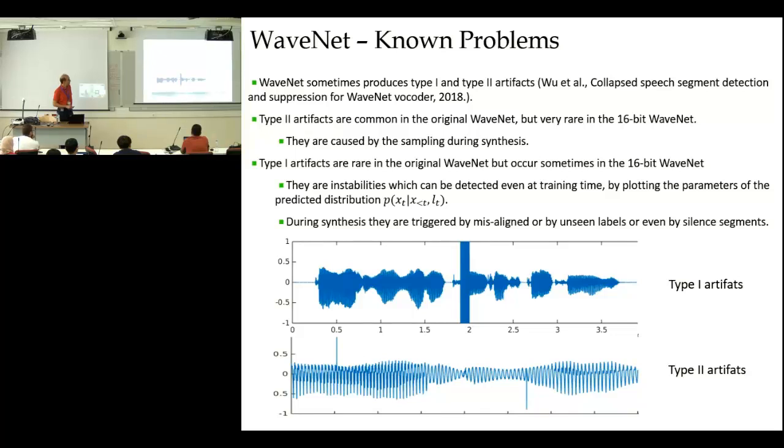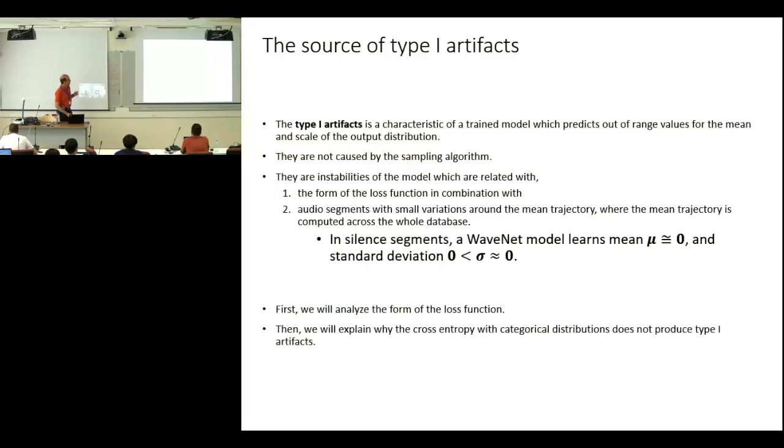This is because this kind of network that produces parameters of continuous distributions is very important, because these networks are used as teachers to teach the parallel WaveNet. So I will concentrate on type 1 artifacts. Type 1 artifacts are not a sampling problem.